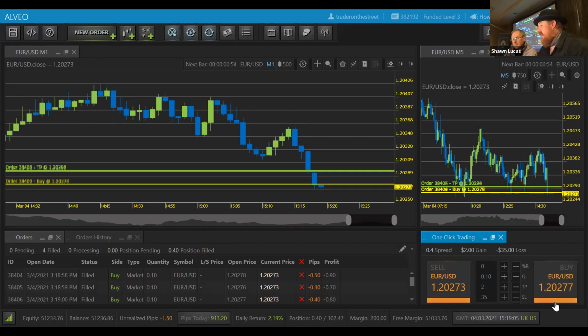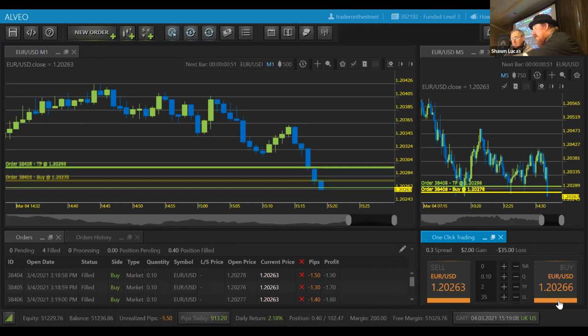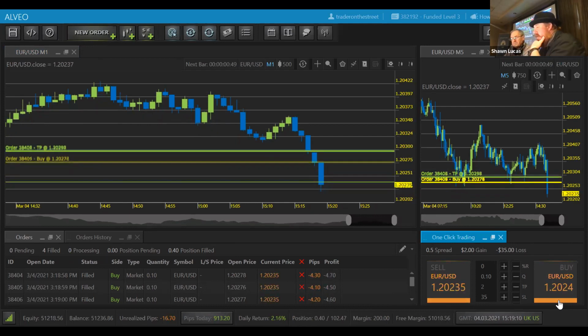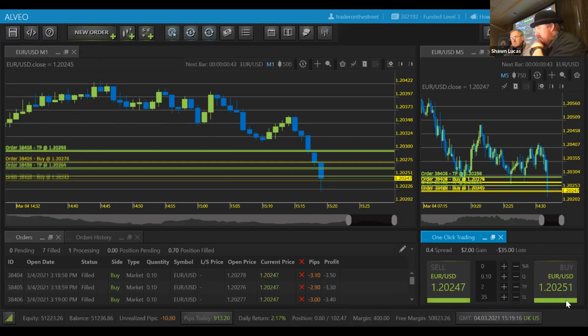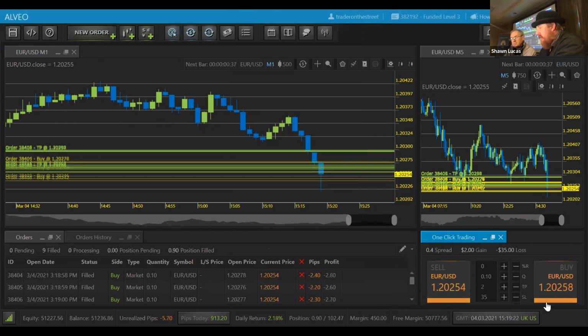Now, what we're trying to do with this trade is catch a little wick activity on that chart. Do 5 more. Good. Go ahead and submit there. Okay, so now we're starting to see that wick come in.